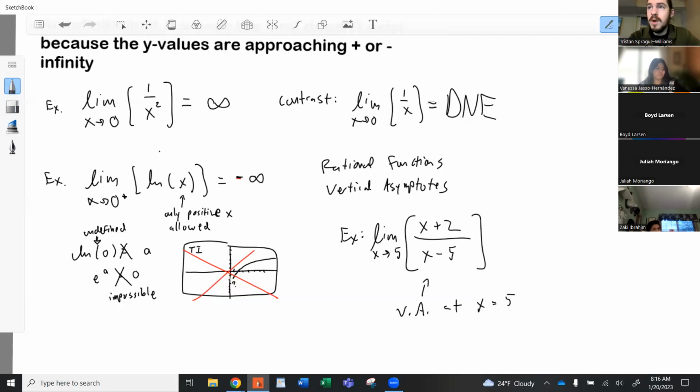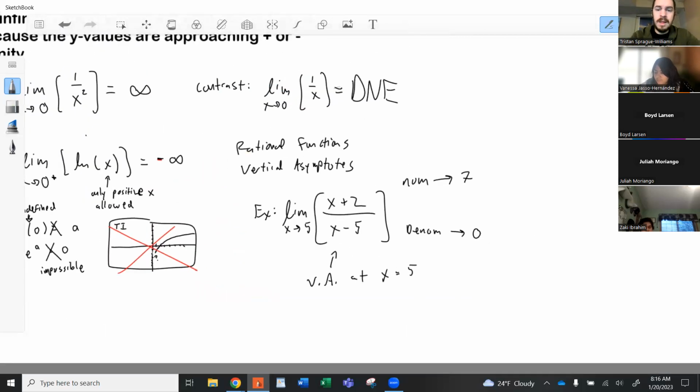If the numerator, though, is approaching something other than 0, any other constant, like in this case, the numerator is approaching 7, right? Because it's 5 plus 2. Anytime you have the numerator approaching some non-zero constant and the denominator approaching 0, you have a vertical asymptote.